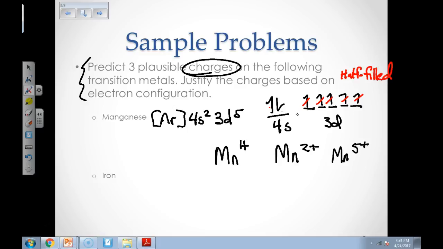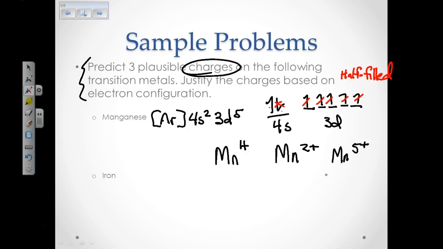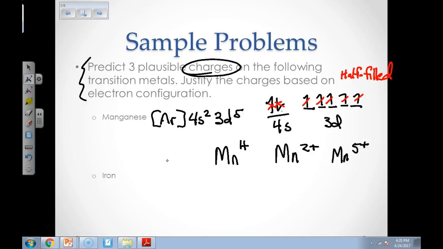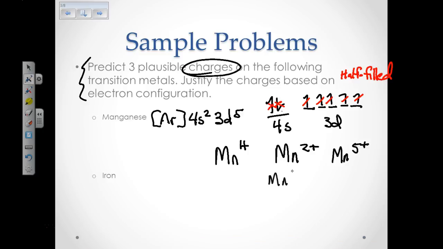Now if we wanted to keep going, you could lose this one, and that would be Mn 6 plus, or we could lose all of them, and that would be Mn 7 plus. So all of those are possibilities for the charge on manganese.